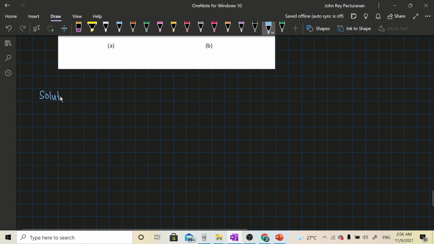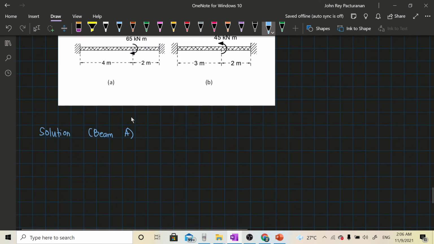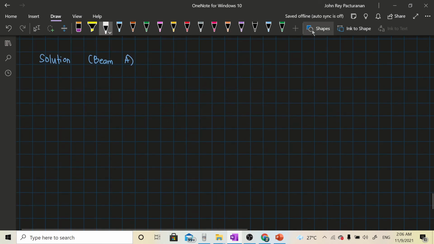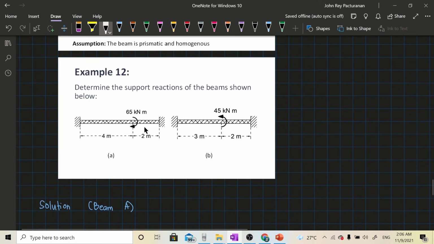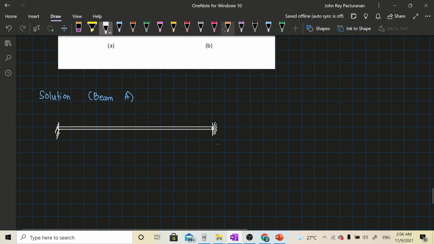Solution para sa beam A. So here, ang mangyayari, the beam is 6 meters in length, no? So we can sketch that right now. By the way, ang kada square is 0.5 meter yan para may guide kayo sa pag-i-scale ko. Tapos, 65 kilonewton meter yung ating force. So, this is 65 kilonewton meter.